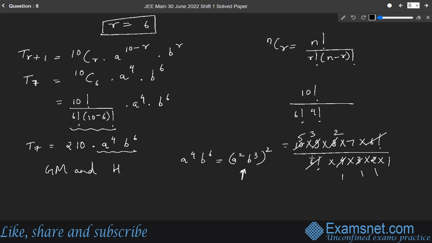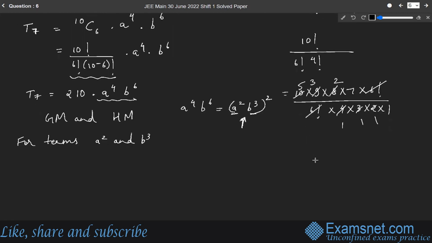What is GM? Geometric mean, and HM is harmonic mean. So what is the relation? If we have two terms, a square and b cube, we know that geometric mean is always greater than or equal to harmonic mean.